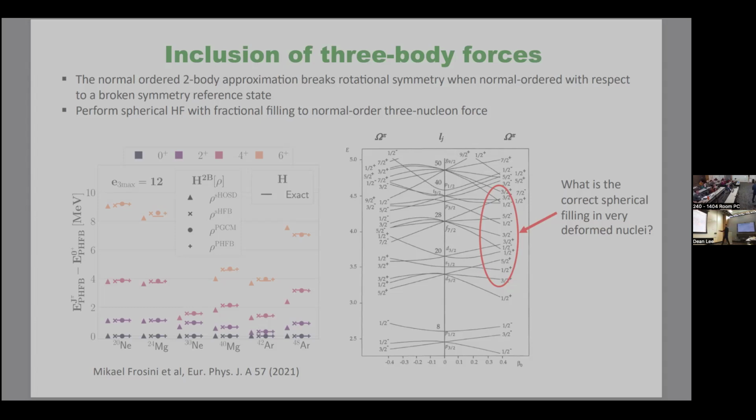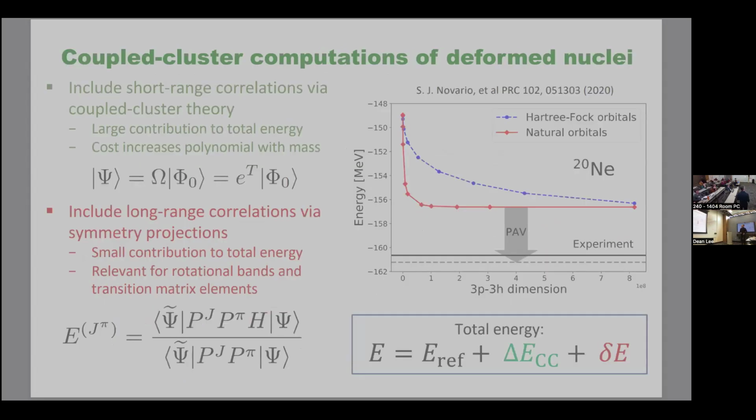There's a problem if you go very deformed, of course, because you don't really know what the level structure is close to the Fermi surface and what the fractional occupation should be for those orbitals. So that's a challenge that we are thinking about how to solve, especially for heavy nuclei and strongly deformed systems.